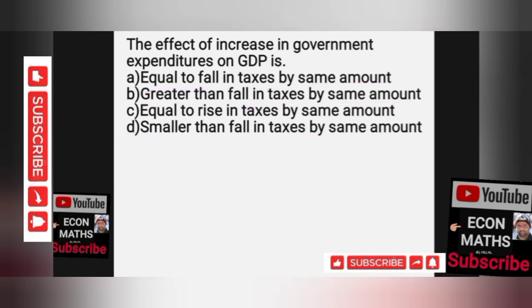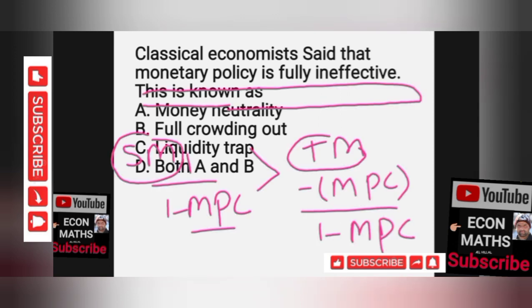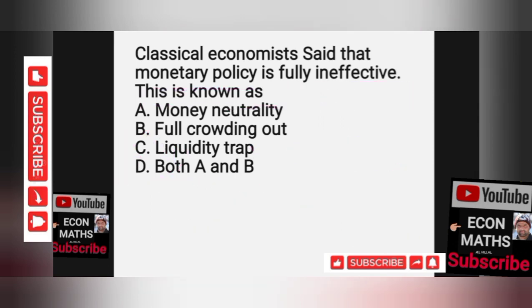Coming to the next question. The next question is, classical economists said that monetary policy is fully effective. This is known as money neutrality, full crowding out, liquidity trap, or both A and B. Well, it's called money neutrality.